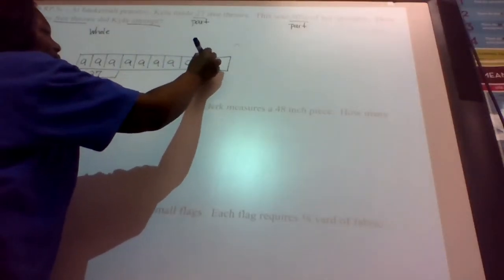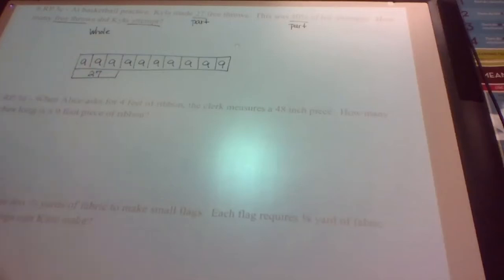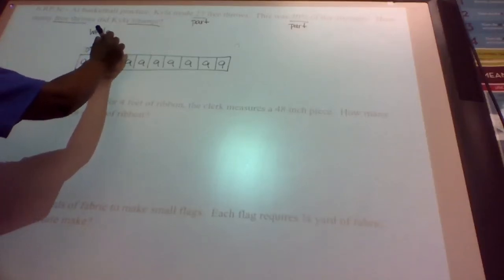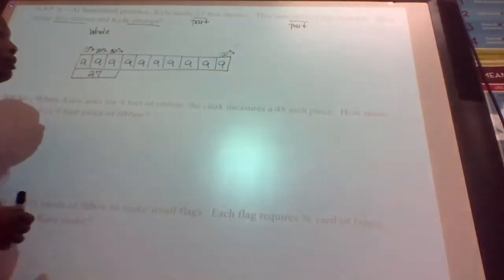And every part is how many percent? What percent is this block? Kishayla, thank you for raising your hand. Not 27. 10%. 10%, 20%, 30%, all the way to 100%.